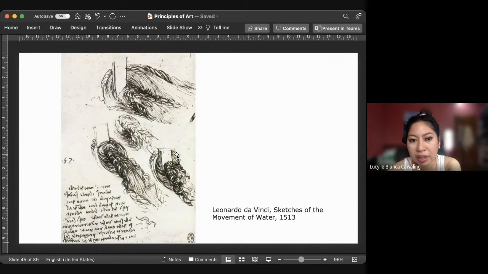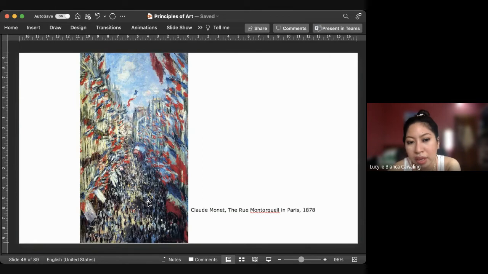And then this is also a sketch of movement of water by Leonardo da Vinci. And then you also have Claude Monet, the Rue Montorgueil in Paris.